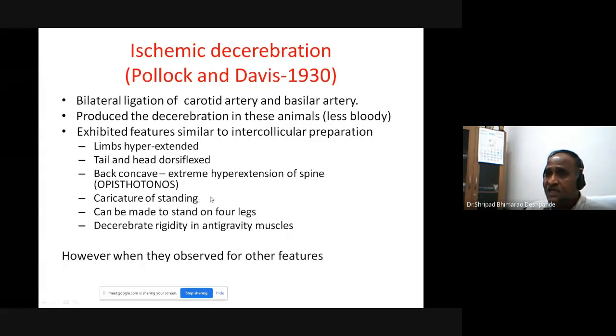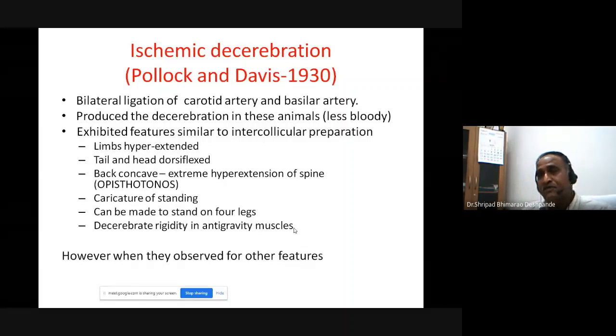They saw that, and the cats could be made to stand on 4 legs, as with Sherrington's preparation. There was a decerebrate rigidity of the anti-gravity muscles, and this rigidity was much more than that seen with the intercollicular preparations. They celebrated and were very, very happy: we did it without much difficulty.